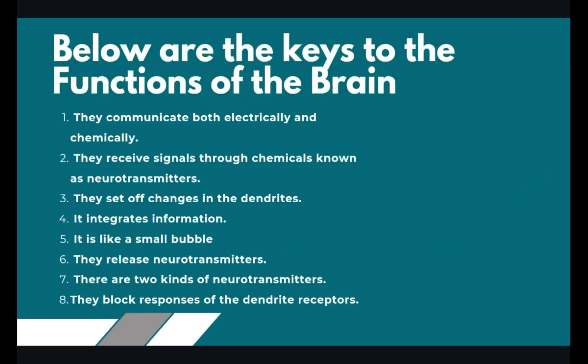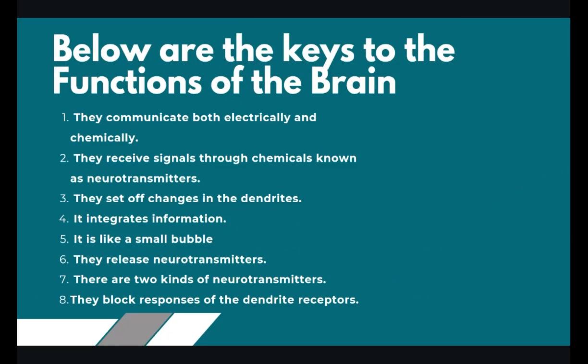Below are the keys to the function of the brain. The first, they communicate both electrically and chemically. Second, they receive signals through chemicals known as neurotransmitters. The next, they set off change in the dendrites.